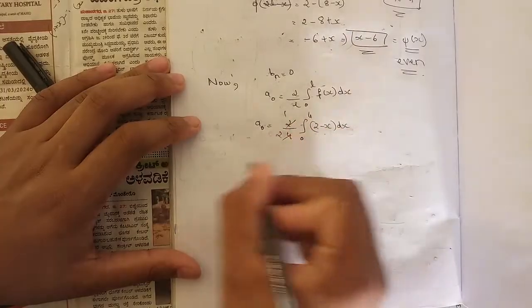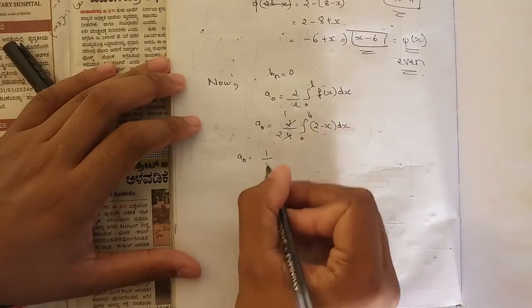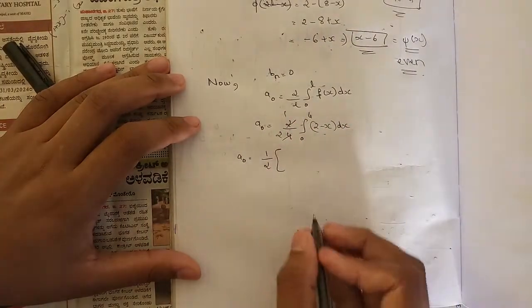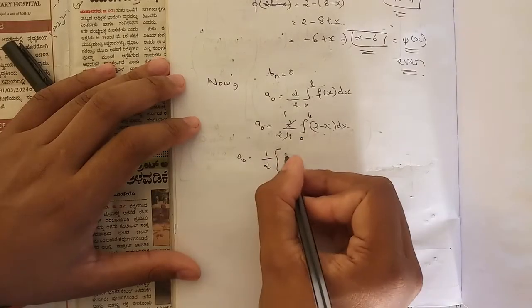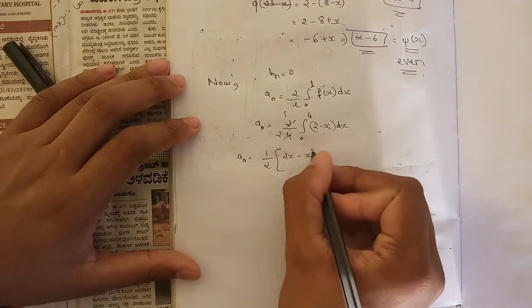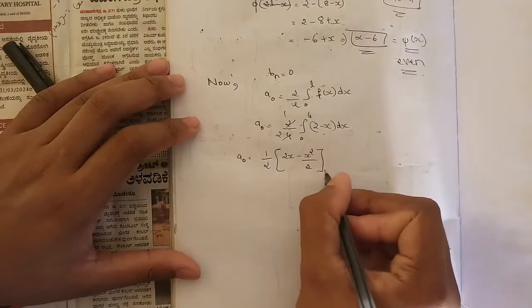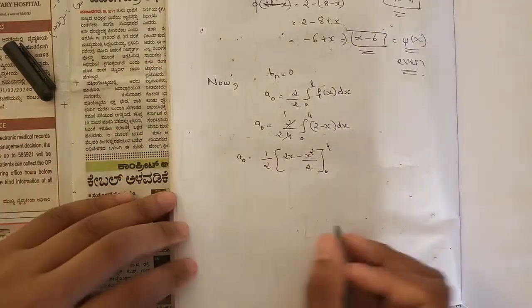This becomes 1 by 2. Integrate this function, 2x minus x square by 2 from limits 0 to 4.